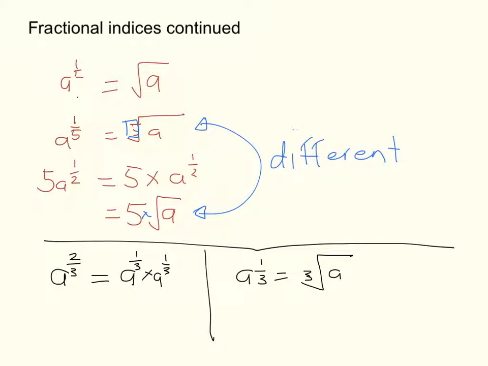Again, because if I multiply terms that have the same base, I would add the powers. So essentially this is almost like doing the reverse of that. Well, what I will find is that that's the same as the cube root of a times the cube root of a. And if we remember some of our surds, well, that's the same as the cube root of a squared.